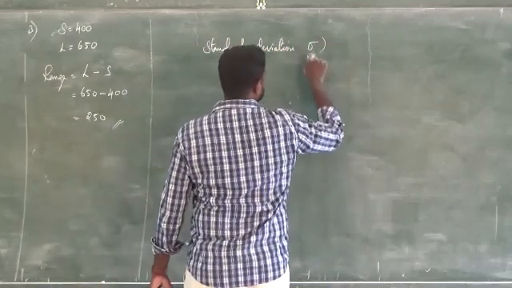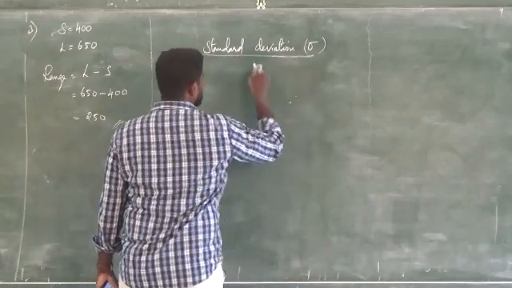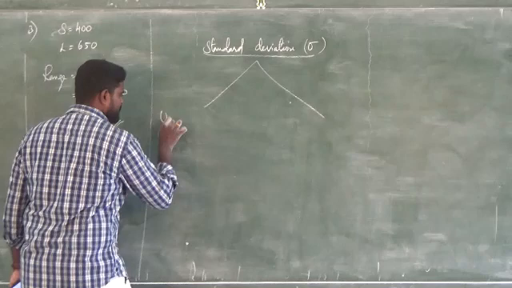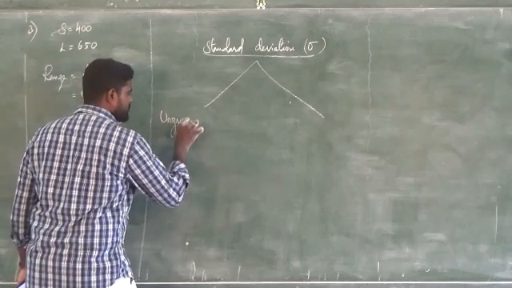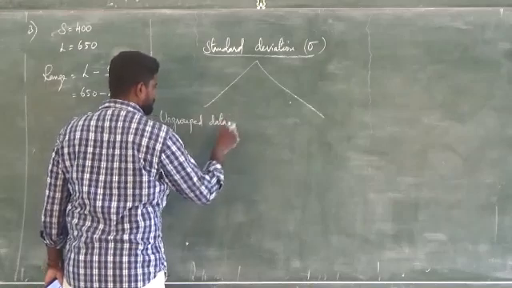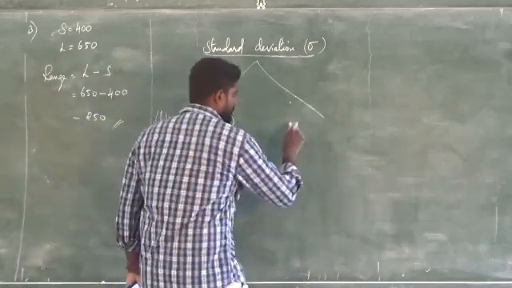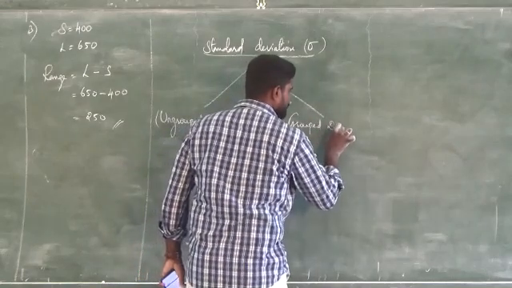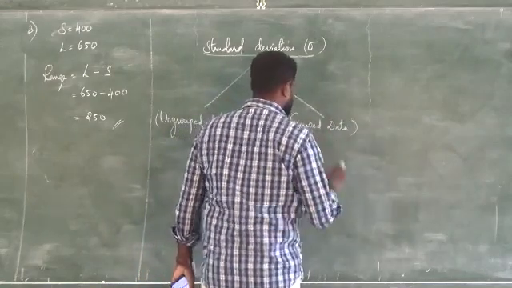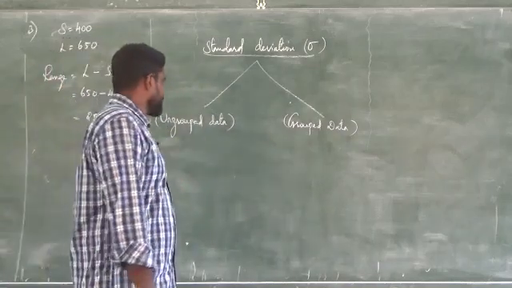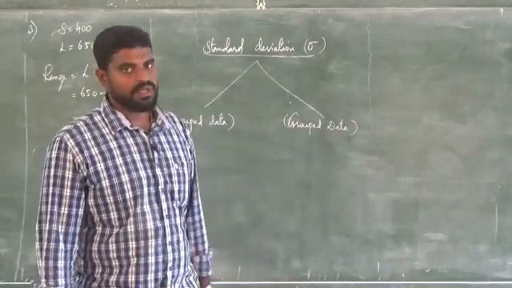Standard deviation is denoted by sigma. First we will start with ungrouped data, then after completing ungrouped, we will move to grouped data.